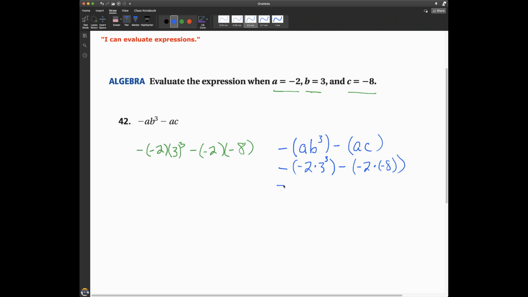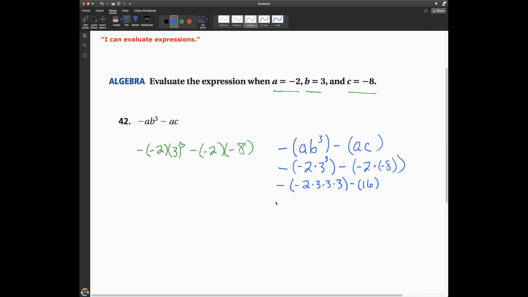So 3 to the third power is 3 times 3 times 3. Okay? So there, I took care of the exponents. In parentheses, I can multiply negative 2 times negative 8. Same sign, positive answer. So this is 16.